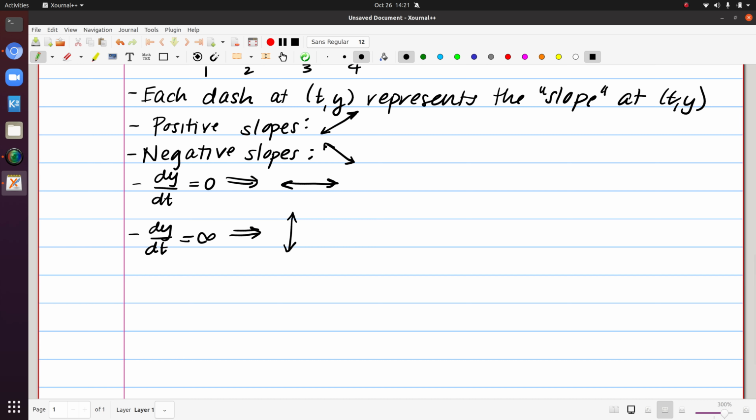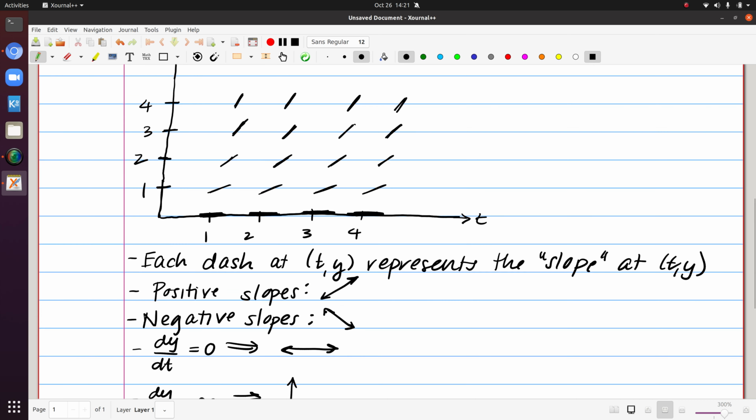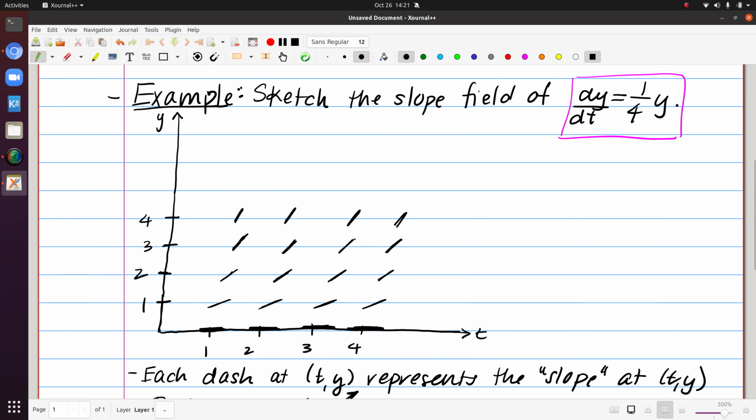So what we can get out of this here is, like I said, even though we can solve for a solution, from what we've seen before, we know that the general solution of dy dt equals 1/4 y should be some constant multiple of e to the t over 4. But even if I didn't notice that, look at how I can get some kind of notion of a solution function that matches that pattern.